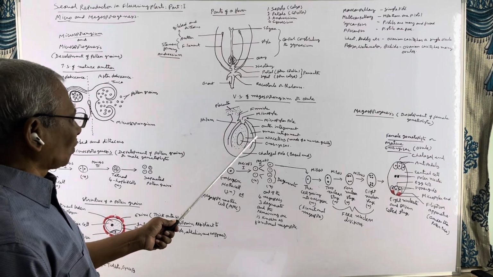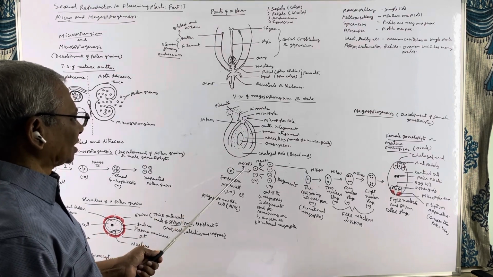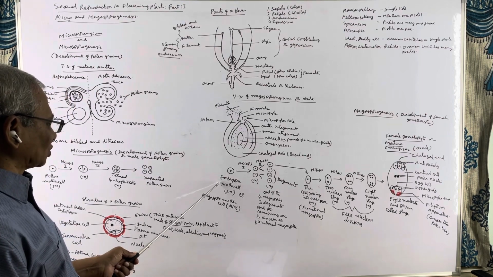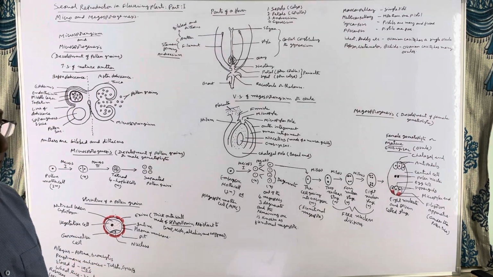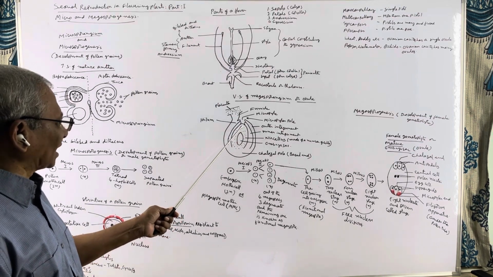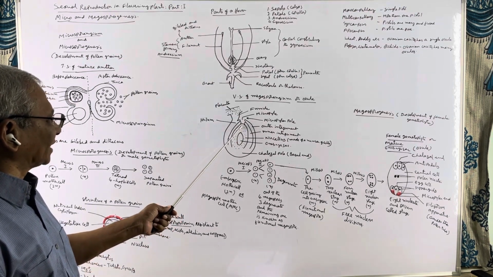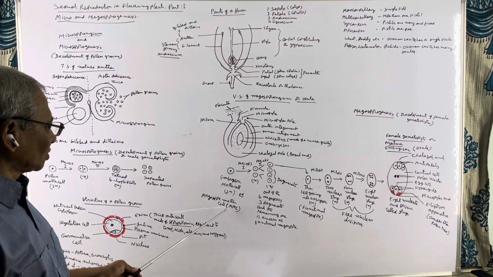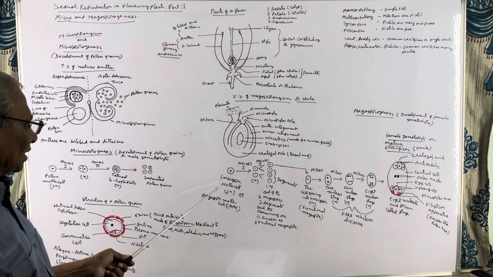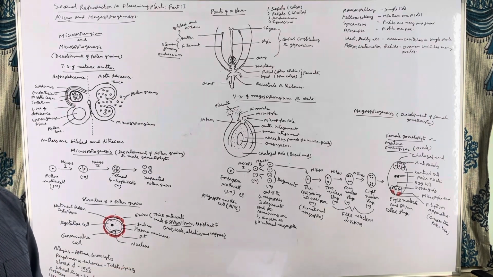Then one of the cells present in the nucellus develops into a megaspore mother cell or embryo sac mother cell. Though there are a number of cells in the nucellus, one of the cells near the micropylar end develops into megaspore mother cell or embryo sac mother cell. This cell has diploid number of chromosomes, that is 2n number of chromosomes.